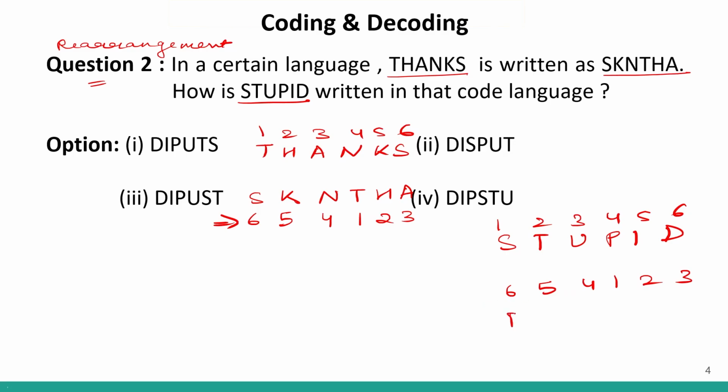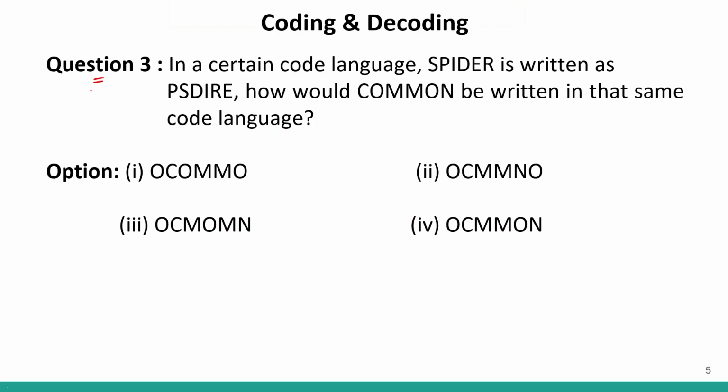At 6 we have D. At 5 we have I. At 4 we have P. Correct? At 1 we have S. At 2 we have T. And at third position we have U. So the code will be DIPSTU, and this is given in option number 4. So option number 4 will be the correct answer to this question. Clear? Now, moving on to question number 3.